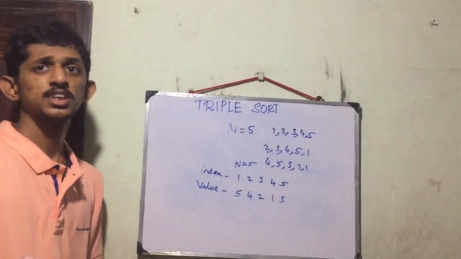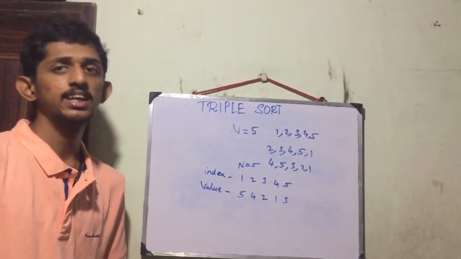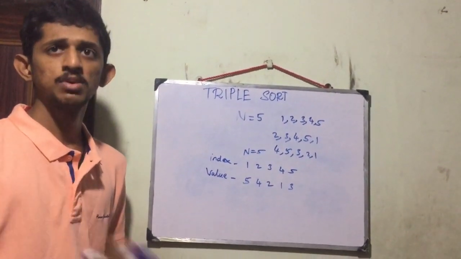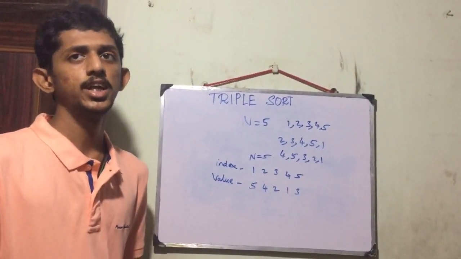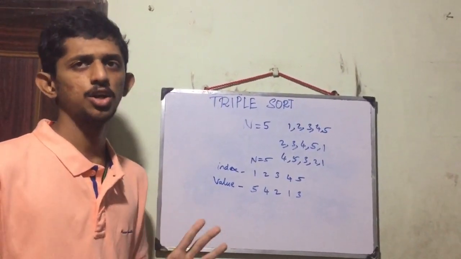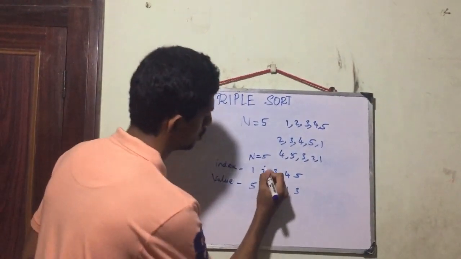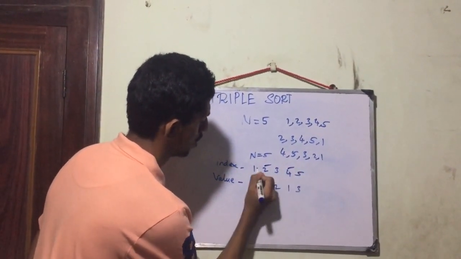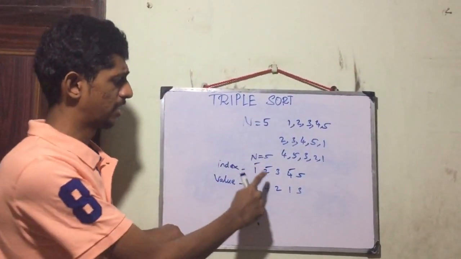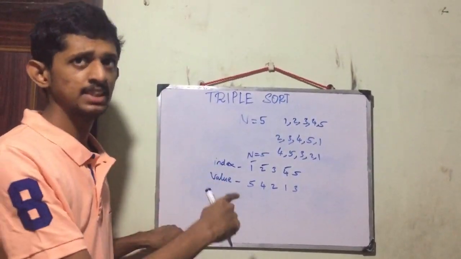We have to choose three index values, and these should be pairwise distinct, and they can be in any order, increasing or decreasing or any order. So I choose 2, 4, 1. Now I have chosen 2, 4, 1, which are pairwise distinct.